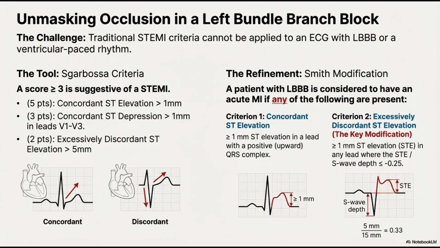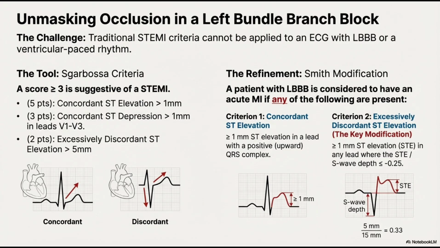So the second criterion is about the ratio, not the absolute height. Precisely. Criterion 2 is excessively discordant ST elevation, but it's defined by a ratio. The ST elevation, or STE, divided by the depth of the S wave right before it must be less than or equal to negative 0.25. Negative 0.25. What does that mean in practical terms? It means the elevation has to be at least 25% of the depth of the S wave that precedes it.